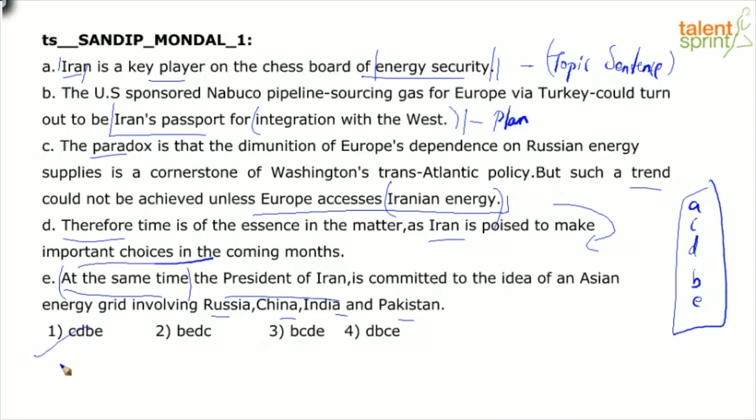So I think that is the paradox here. It's contradicting itself. If depending on Russian energy is the cornerstone of Washington's transatlantic policy, then why is Europe's dependence lessening on that? That doesn't make sense, right? It's contradicting. And then it says, but in order for this trend to continue, it also has to access Iranian energy. So I think that is the paradox.